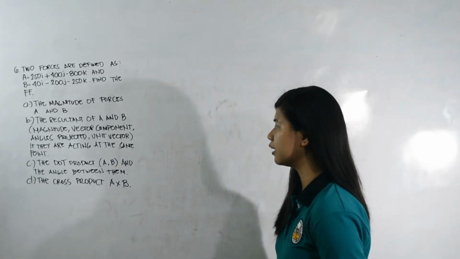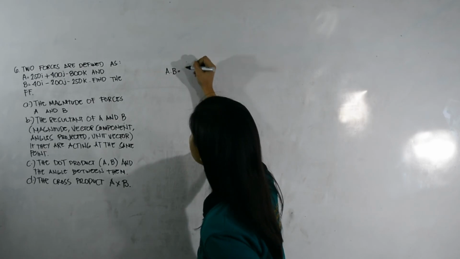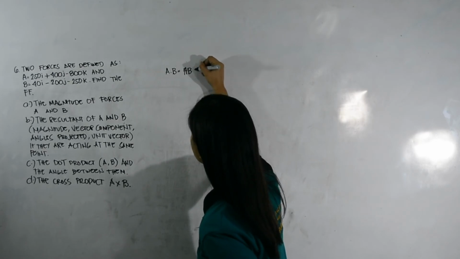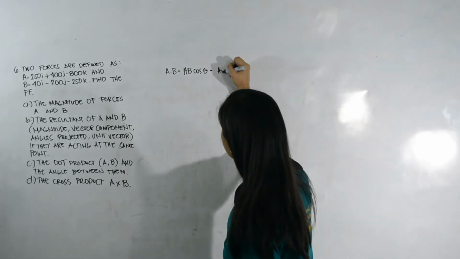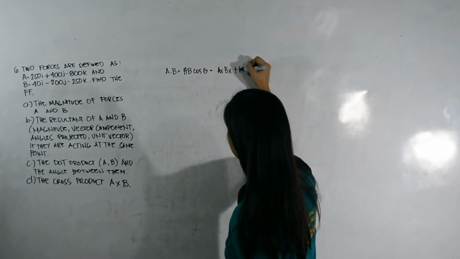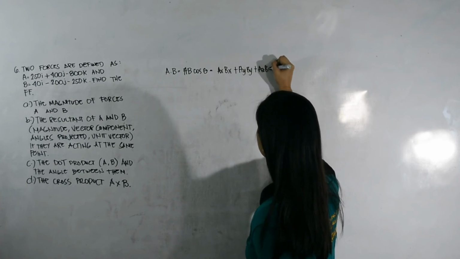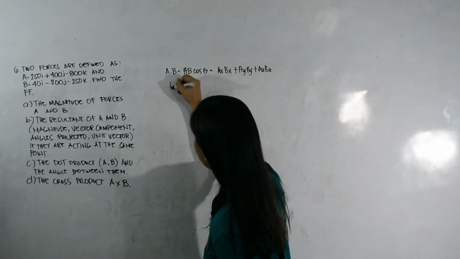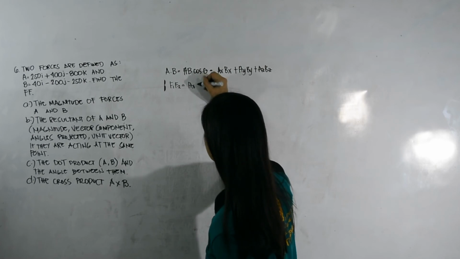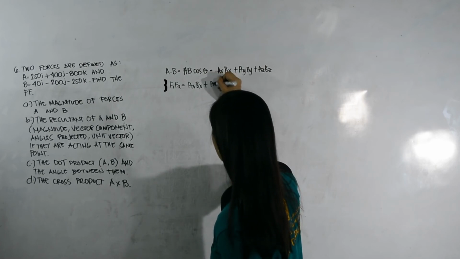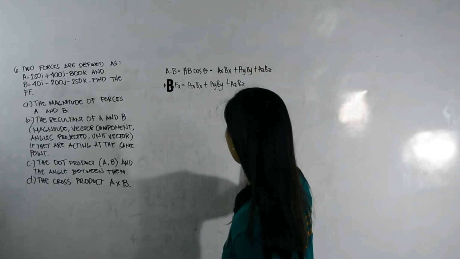For the dot product AB and the angle between them. For the dot product, we have this formula of A dot B is equal to AB cosine theta is equal to AX BX plus AY BY plus AZ BZ.